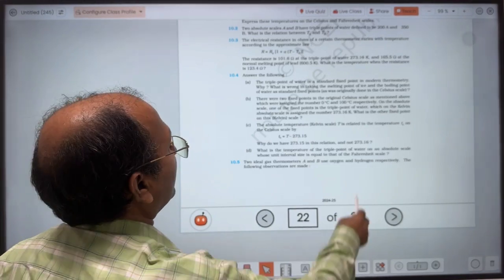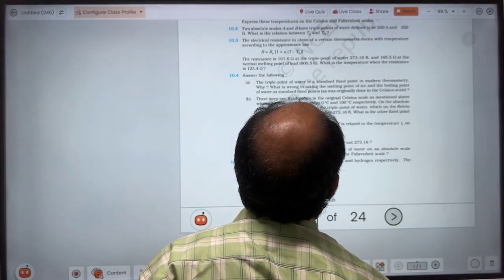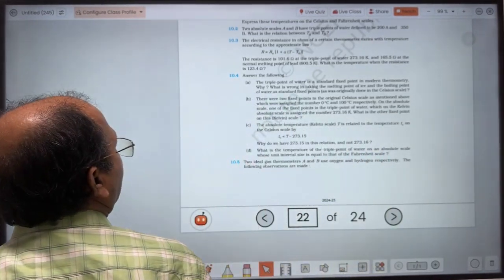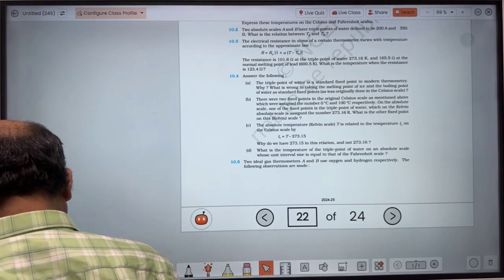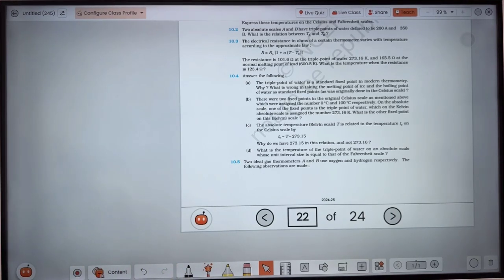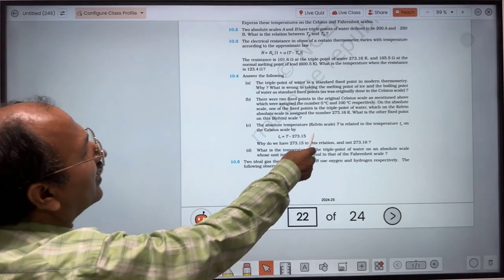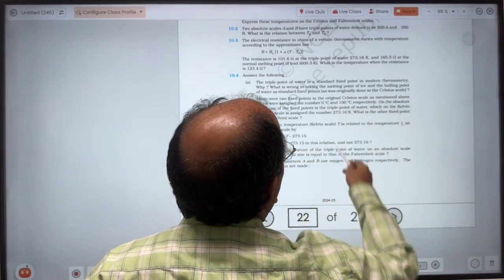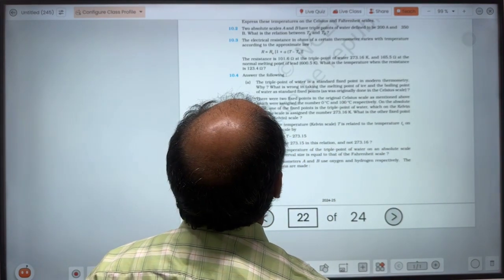What is the other fixed point on this? So you know that there is a difference of 100, so you can get it. You know absolute 0. So the other fixed point, the upper one, you can get by adding 100, correct? So that's simple.